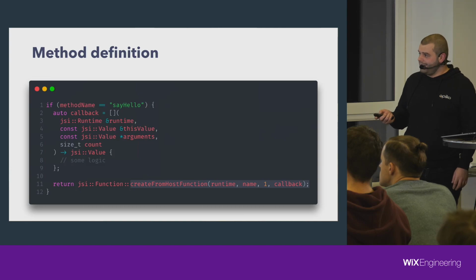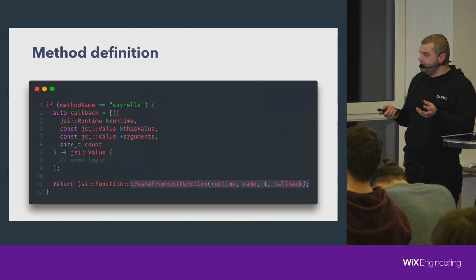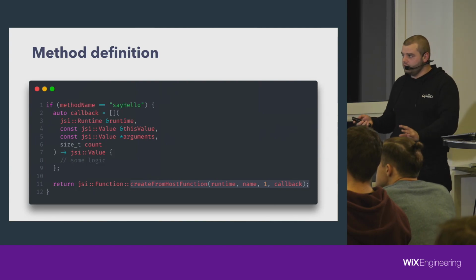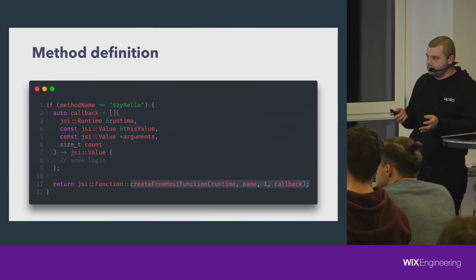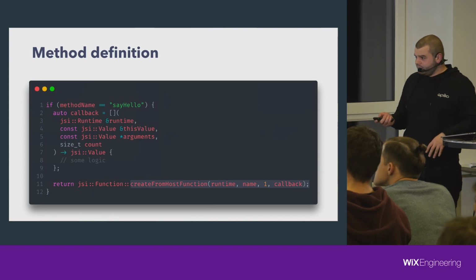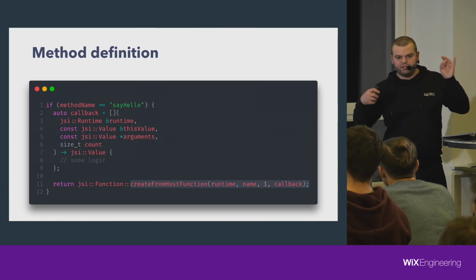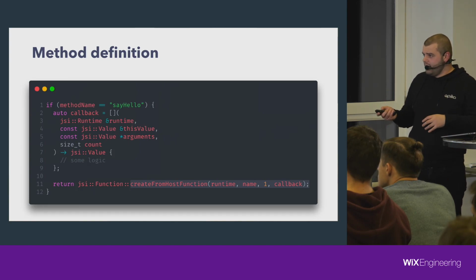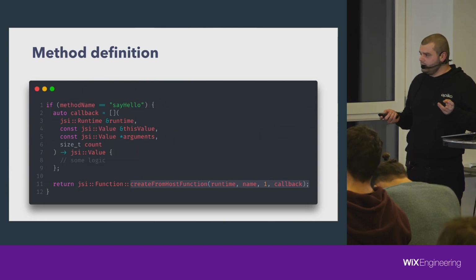We should define the logic for our sayHello method, and that's a regular callback, like a regular function, lambda function or arrow function you used to write in JavaScript, but in C++. That callback will be invoked when we call it from the JavaScript side, and it accepts several things, but the most important are the runtime itself and the arguments.